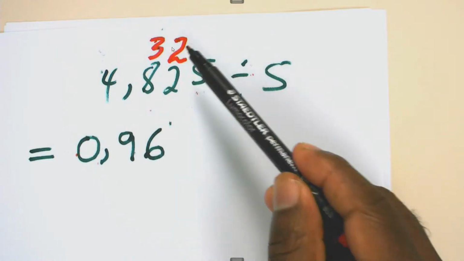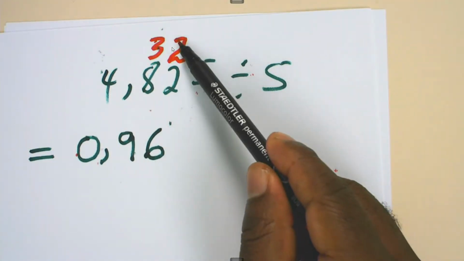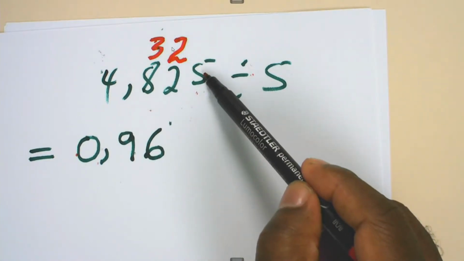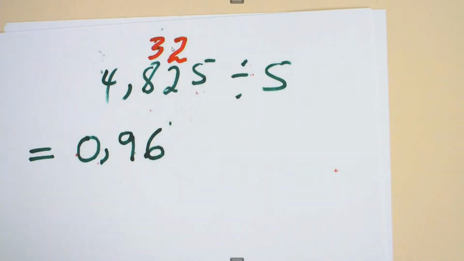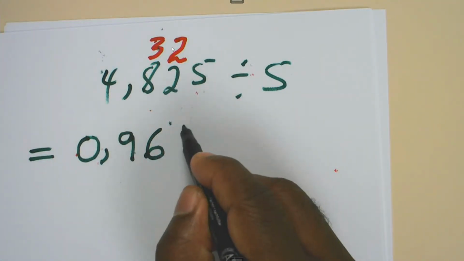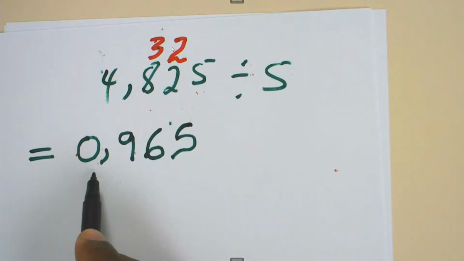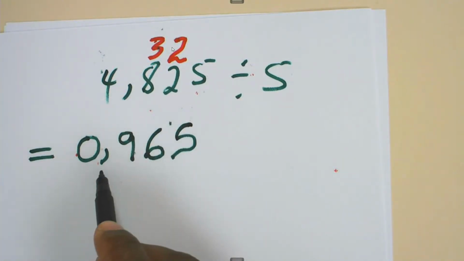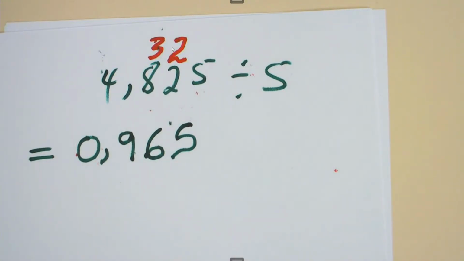And then now we are having 25 thousandths. Now 5 into 25, how many times does it go? 5 times. Then what is our answer? We have 0,965. Now you cannot just stand there and say you're finished.